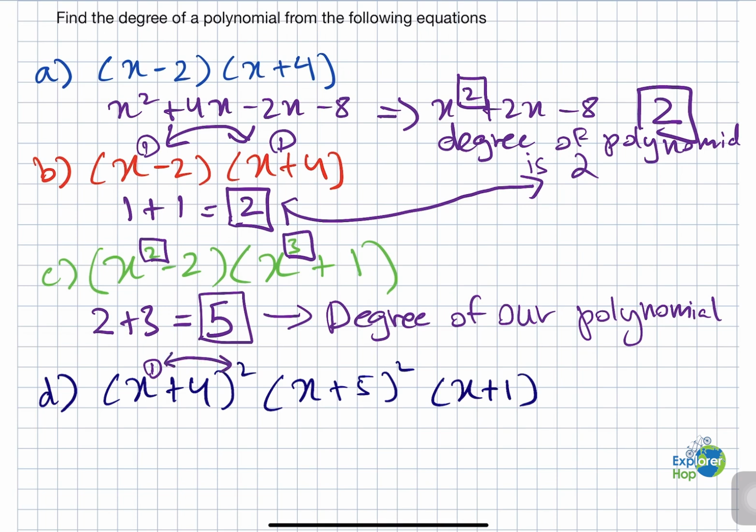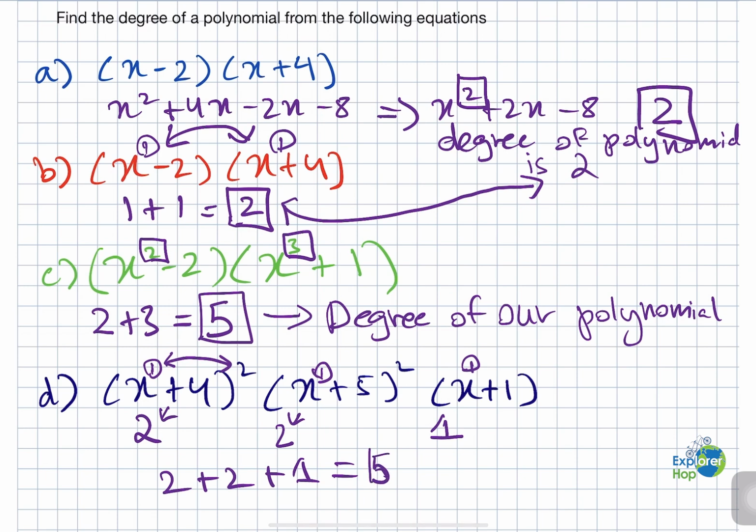In this case, 1 times 2 is 2, which is for this term. And we have 1 here, and that's the same thing as the previous term, which will also give us a 2 here. And the highest power here is a 1. So that's why we can just add 2 plus 1, which gives us 5.